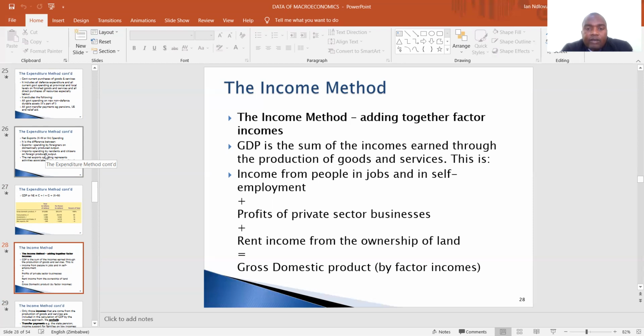This is the income from people in jobs and in self-employment, plus profits of private sector businesses, plus rental income from the ownership of land, plus interest from capital resources that people own. When we add these, we get gross domestic product by factor incomes.